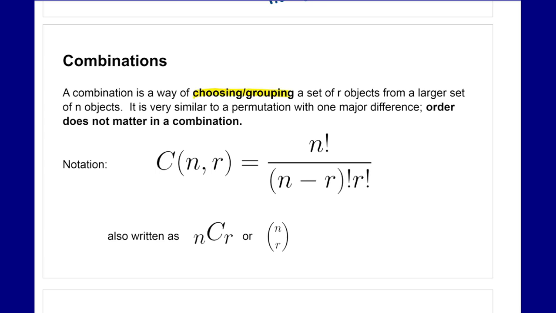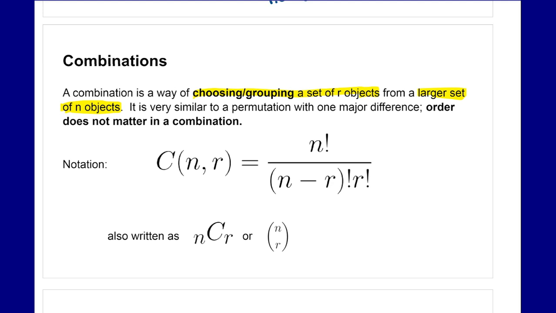So it's a way of choosing or grouping a set of r objects from a larger set of n objects. Very similar to picking a number of r objects from a larger set, except we're now saying choosing or grouping.